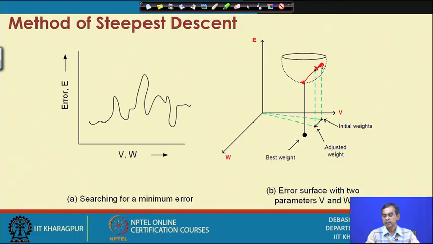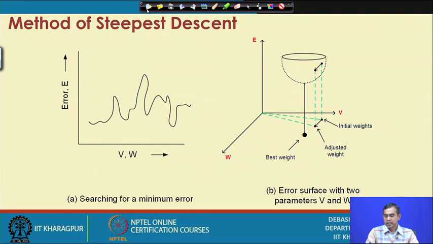From these V and W values it will come to these V dash and W dash values, and then from another V dash W dash values, and ultimately it will reach this. So this is an incremental step, and in each increment it leads towards the minimum plateau, or the minimum value of the objective function.